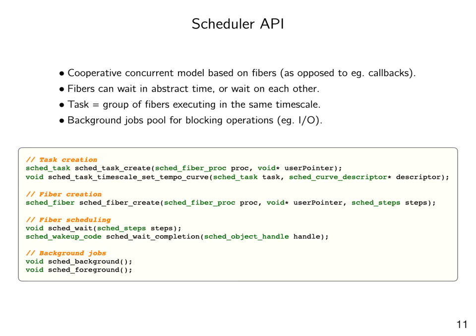Now let me say a word about the scheduler API. We build the scheduler around a cooperative concurrent model, which is based on fibers or coroutines, if you will. In most musical software, when you can place events on timelines, when the playhead reaches the time of an event, it will fire an action and essentially call a callback.